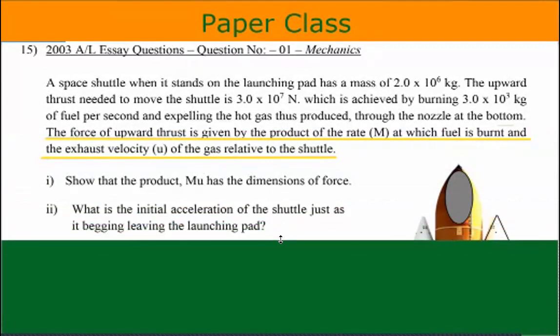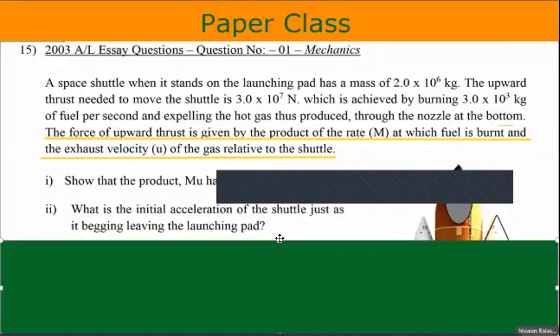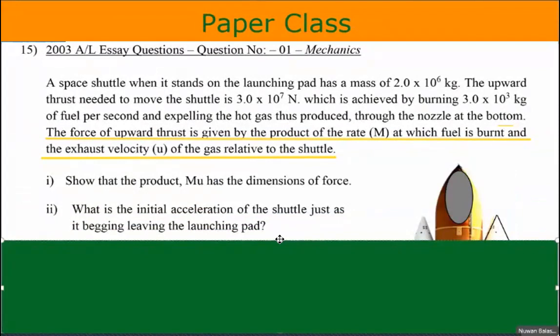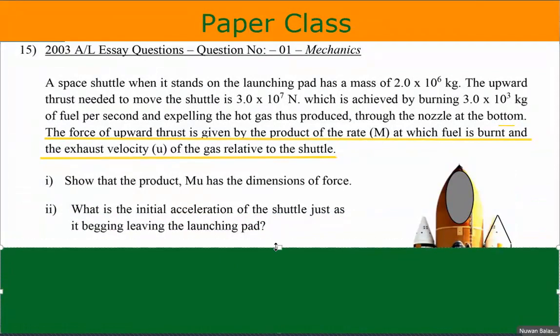What is the initial acceleration of the shuttle as it begins to leave the launching pad? Normally a rocket is placed on a certain horizontal surface, which is made of a very strong material. It is okay for very high temperatures and forces.